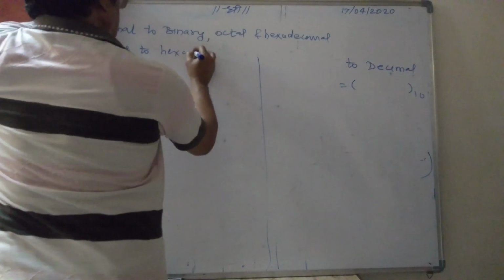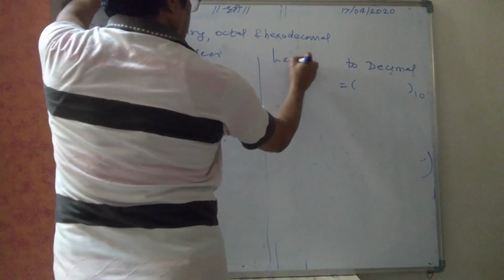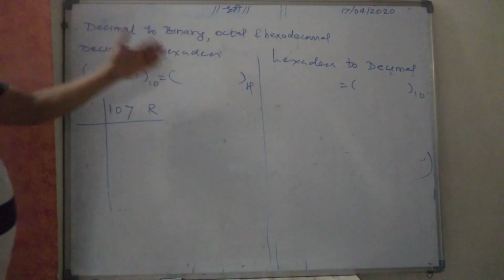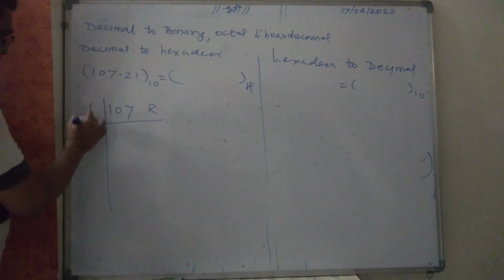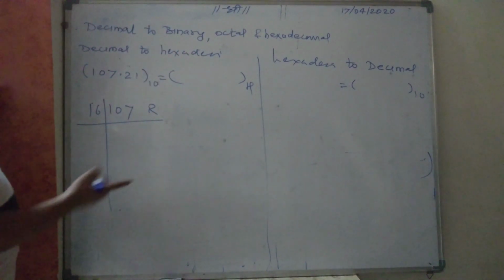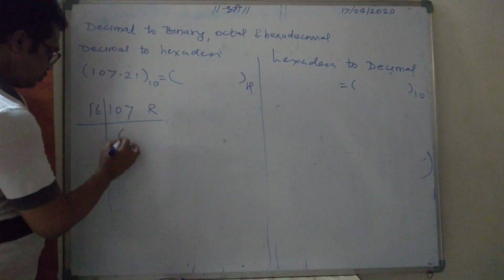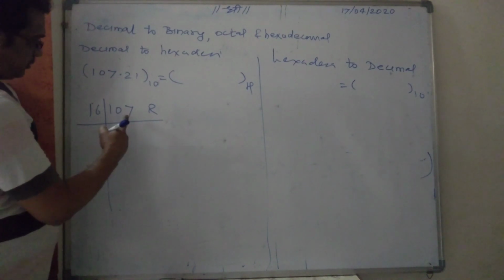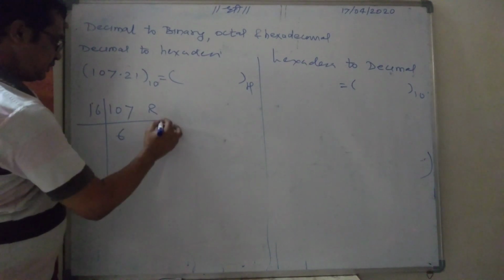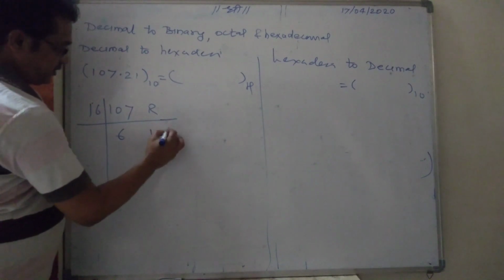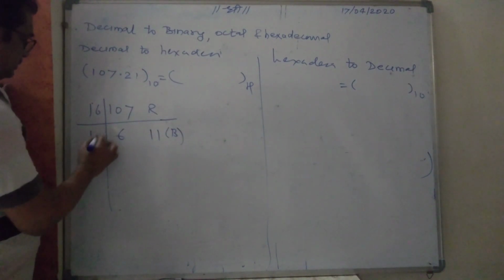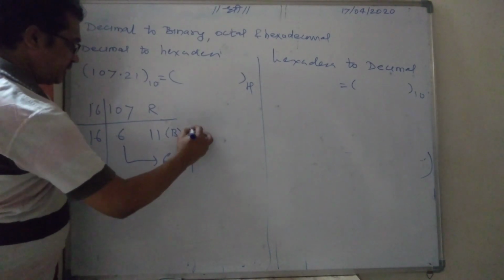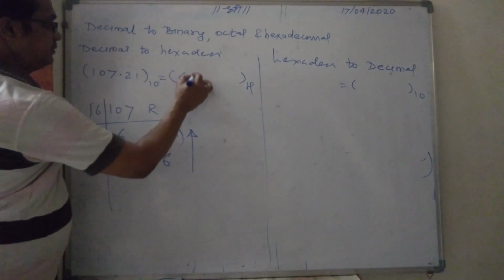Hexadecimal means 16, so we have to divide by 16. 16 into 6 is 96, so remainder 4 and 7, 11. Remainder 11 means B, since A is 10 and 11 is B. This 6 cannot be divisible by 16, so carry this 6 here. Write the number in the upward direction: 6B.